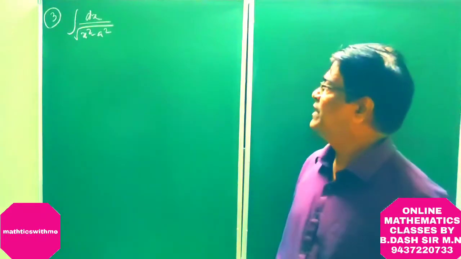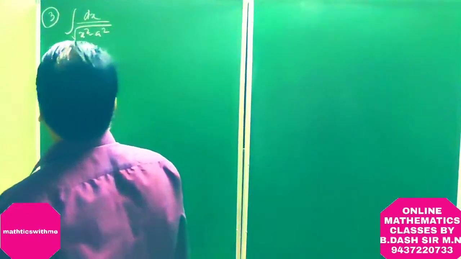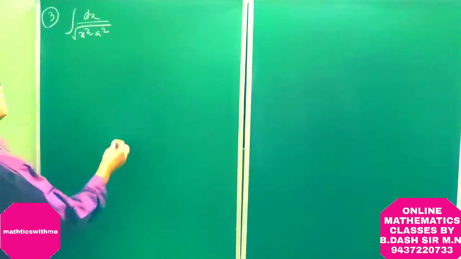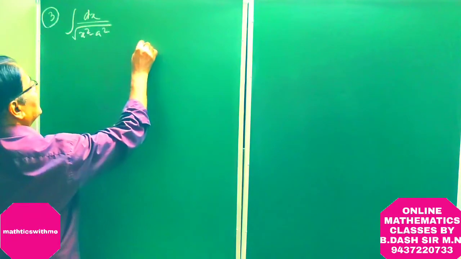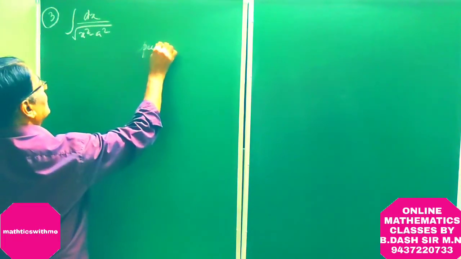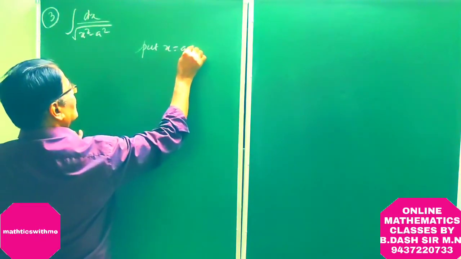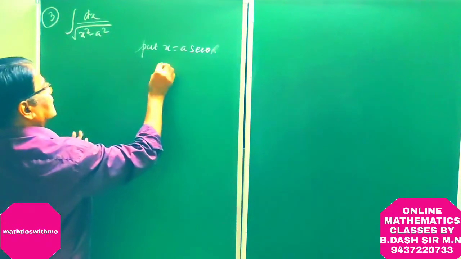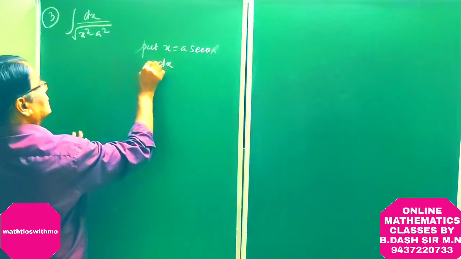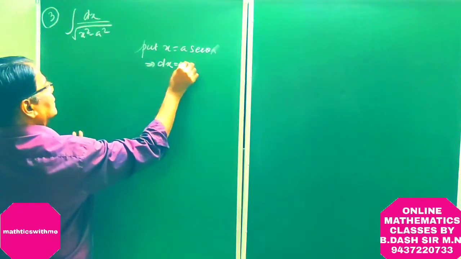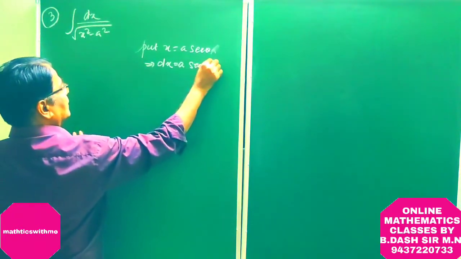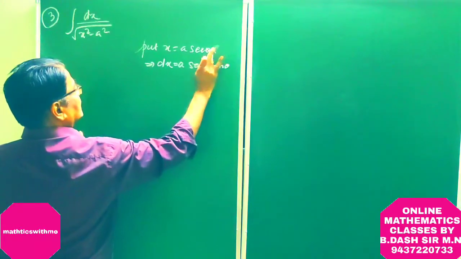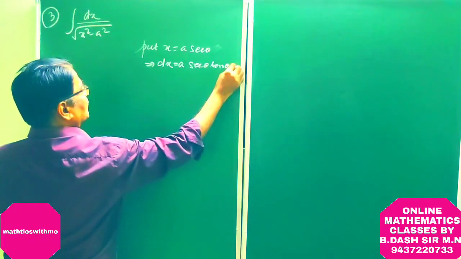Our next question is integration dx by (x square minus a square) whole root over. In order to integrate this integral, put x is equal to a sec theta, then dx is equal to a sec theta into tan theta d theta.